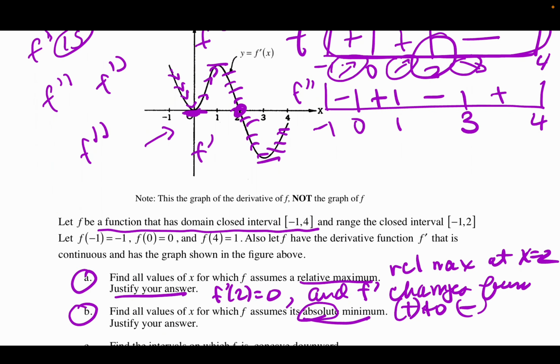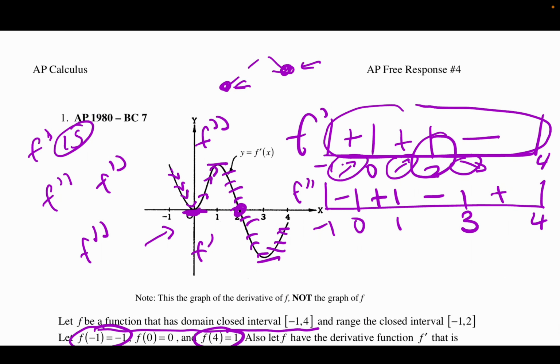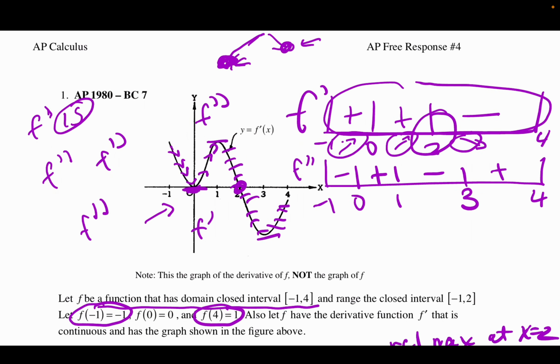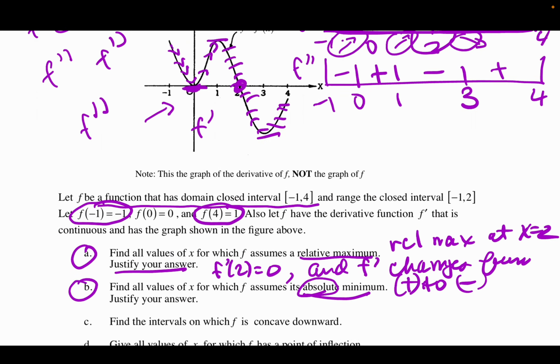And they happen to tell us the endpoints. I know f of -1 is -1, and f of 4 is 1 of the function I can't see. But we know it started at -1, 1, and it went up and came down and ended up at 1. So this is my absolute minimum.